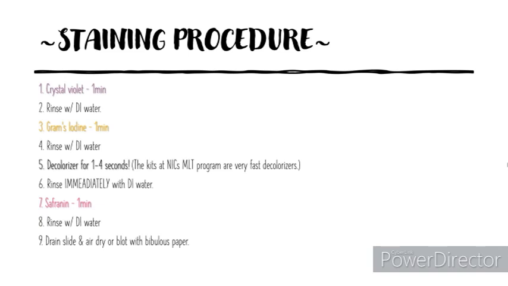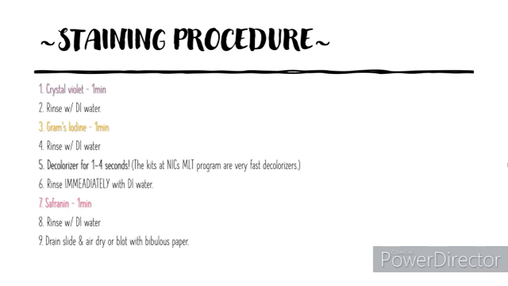Then we do Gram's iodine for 1 minute also, rinse again, and then here's a really critical step, I would say the most critical step of Gram staining. What I mean by critical is you probably will have to redo it if you don't do it right. So we put the decolorizer on for about 1 to 4 seconds.